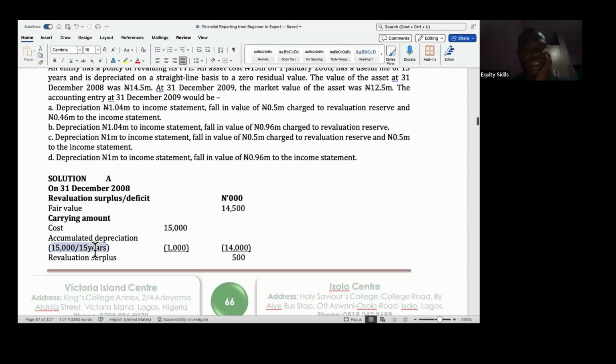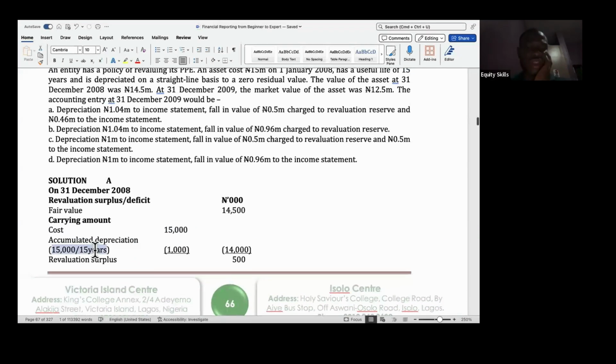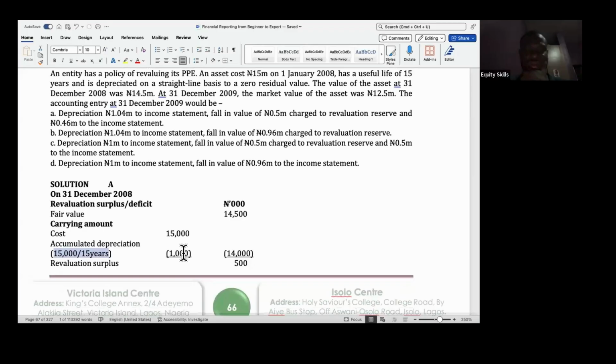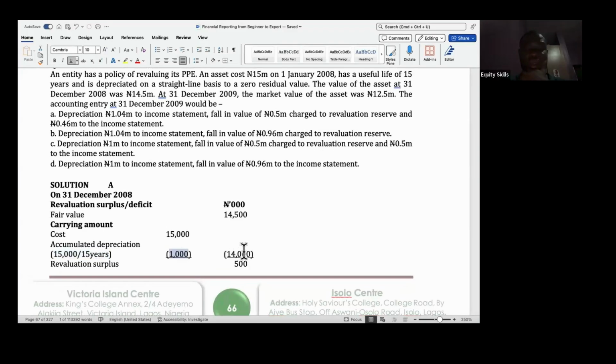We bought the asset in 2008, so depreciation for this year is 1 million. When we remove that from the cost, our carrying amount is 14 million. So when we compare this 14 million with the fair value, the fair value is higher. So that means we're going to be having a revaluation surplus or a revaluation gain of 500,000.